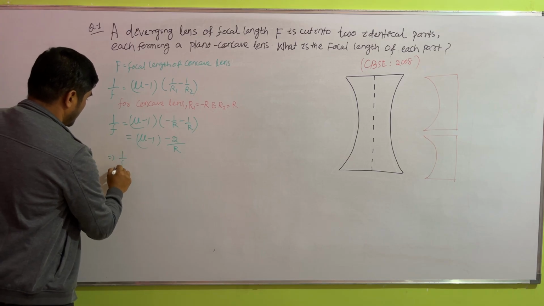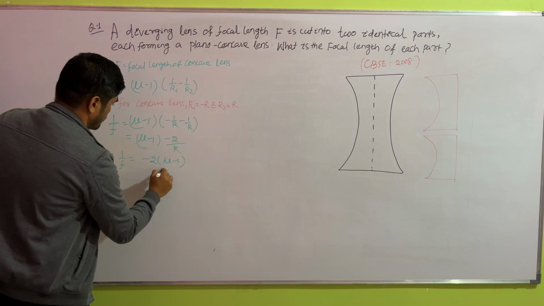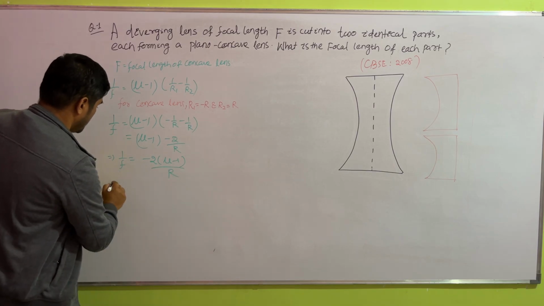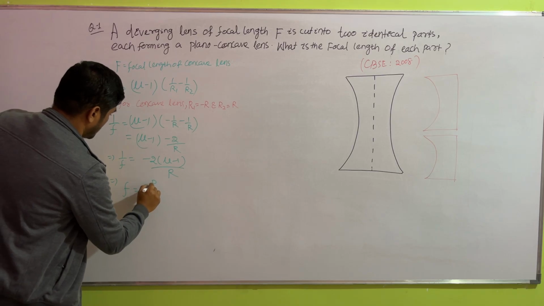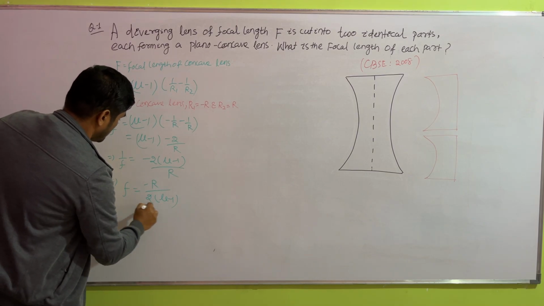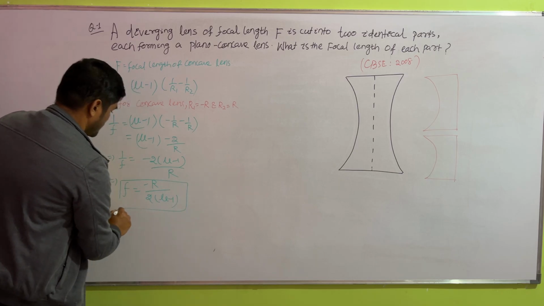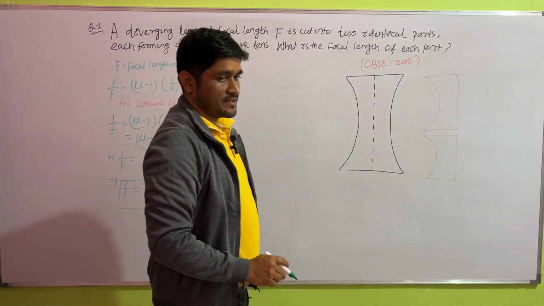Then 1 divided by f equals minus 2 into mu minus 1 divided by r. Then focal length f will be equal to minus r divided by 2 into mu minus 1. This is the focal length of the concave lens.